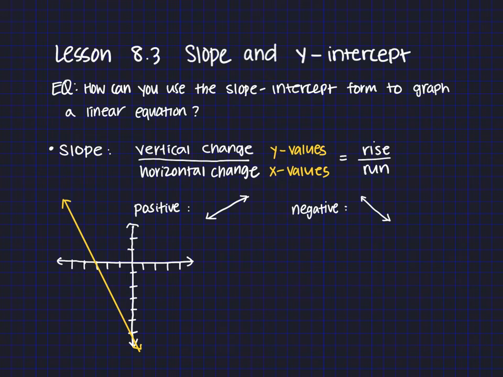I want to have them as whole numbers as much as possible. In this case, you'll find several different points. I'm just going to look at points that give me a whole number when I have rise over run, or it could be a fraction as well. So I'm going to pick points that are easy for me to count.